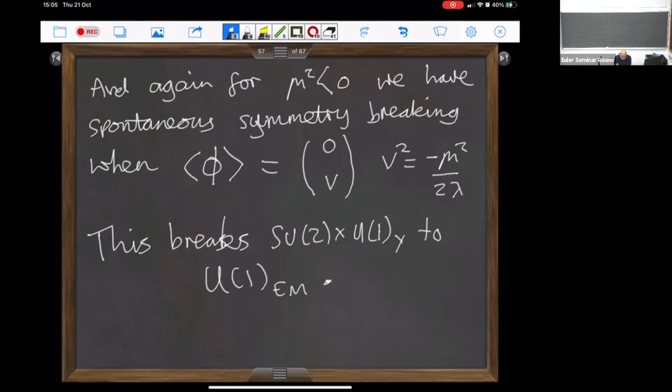Now, this expectation value breaks SU2 times U1y to U1. And that U1 we will identify with U1 electromagnetism. So let's see why that is the case.